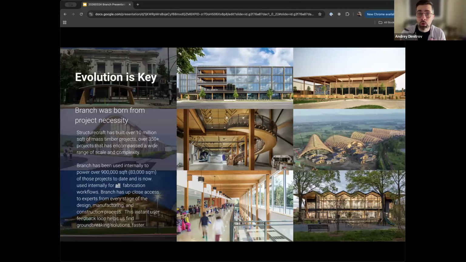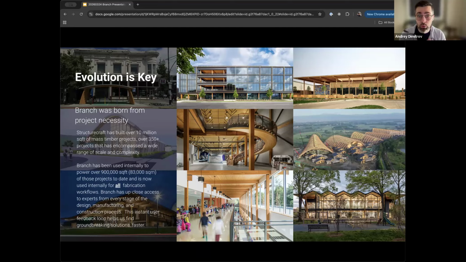So how did we come to be? Well, we were born out of necessity. StructureCraft is a large engineering company. They have built over 10 million square feet of mass timber projects across hundreds of projects around the world. We started Branch to really help the internal processes of StructureCraft, going from complex geometry to seamless manufacturing.